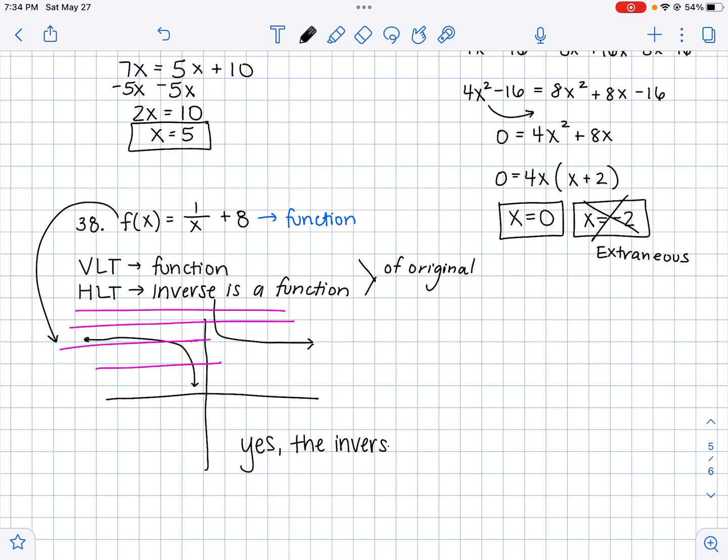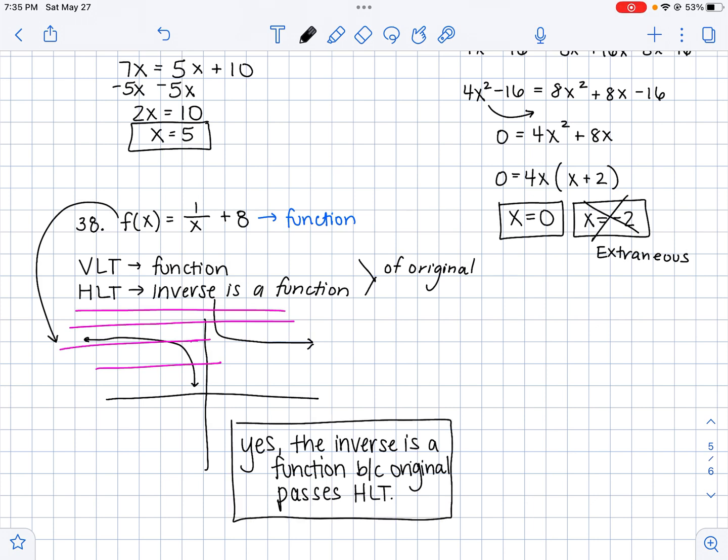So yes, the inverse is a function, because the original passes the horizontal line test. So it's important to be able to explain it.